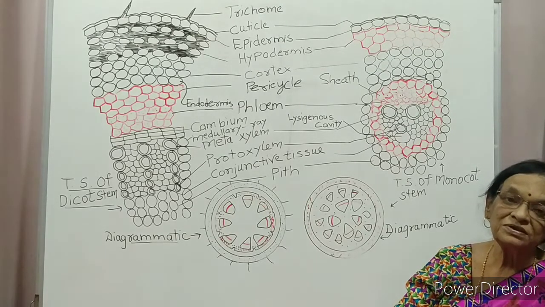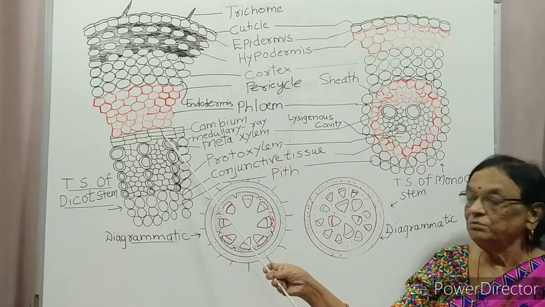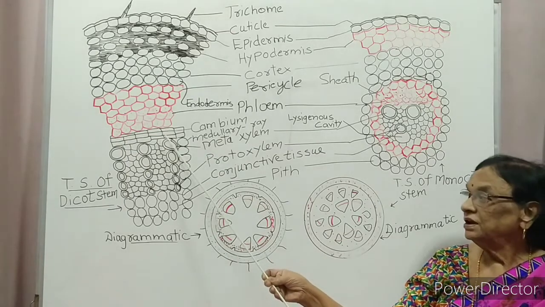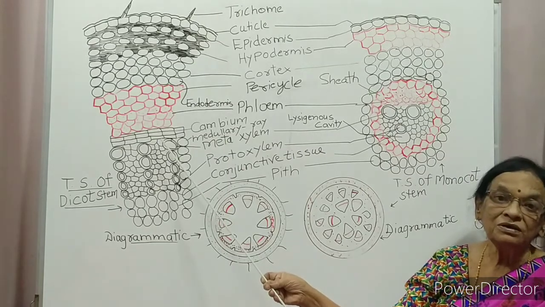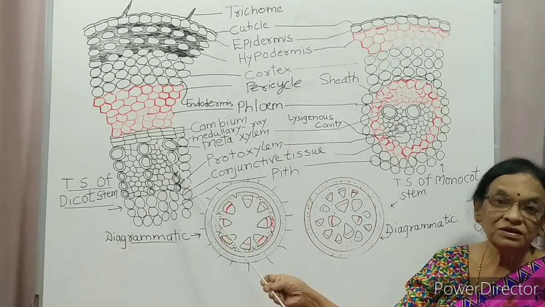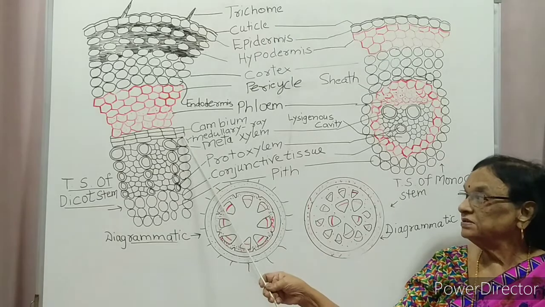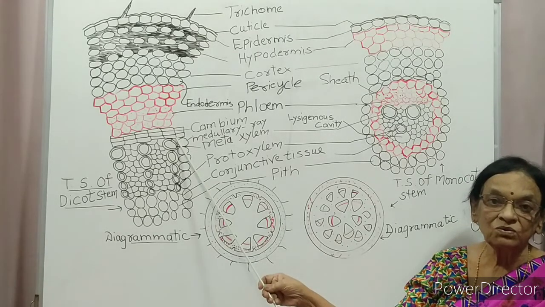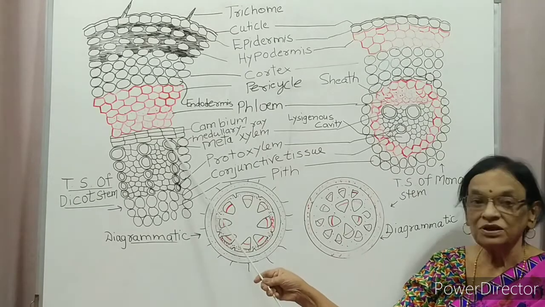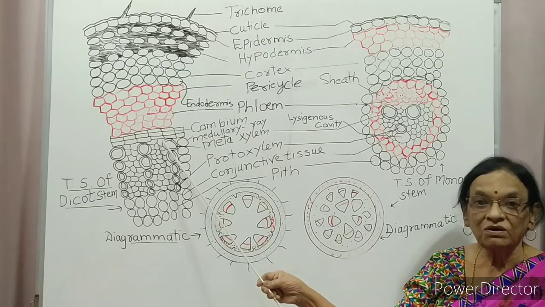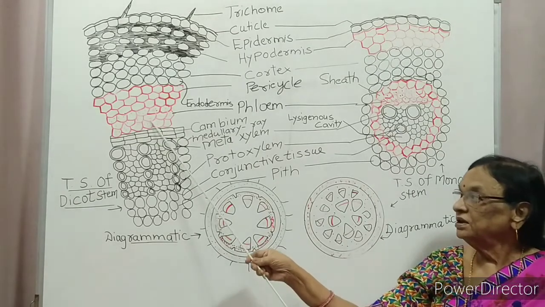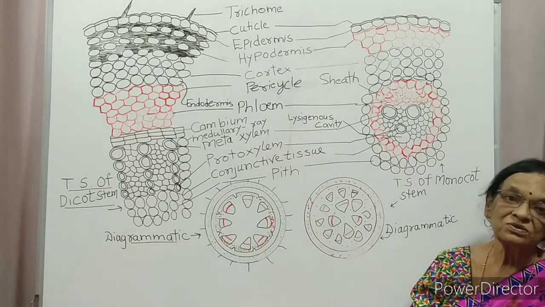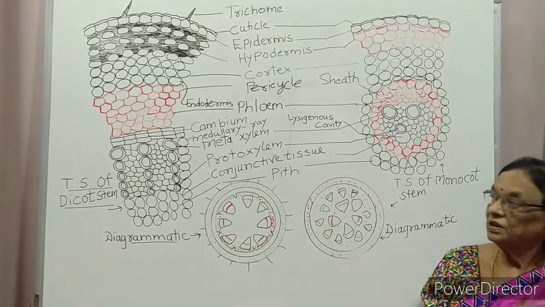This thickness is due to cambium, which becomes active at maturity and forms secondary growth. So the presence of cambium makes the vascular bundle open. The vascular bundle of dicot has cambium in between phloem and xylem, so it is called open.